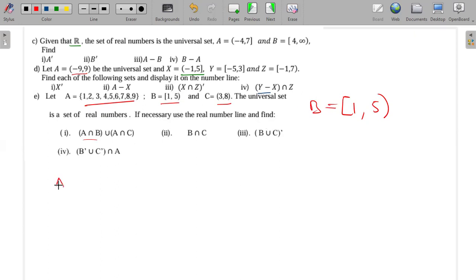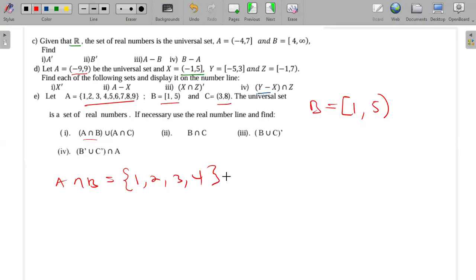So the only things that will intersect here are going to be the integers, starting from 1 to 4 in this case, since 5 is not in that set. So those integers are going to be 1, 2, 3, and 4, like this. So I put them there.